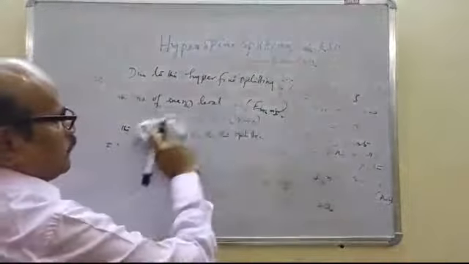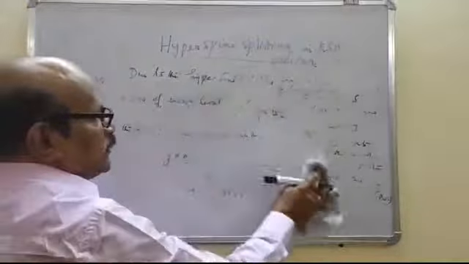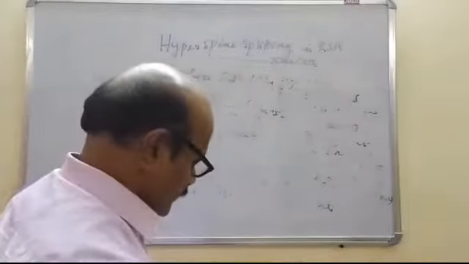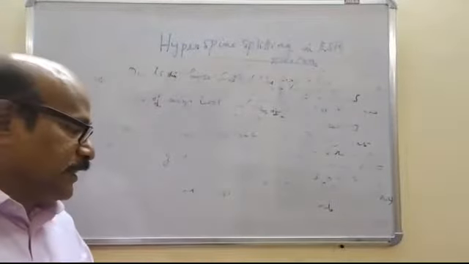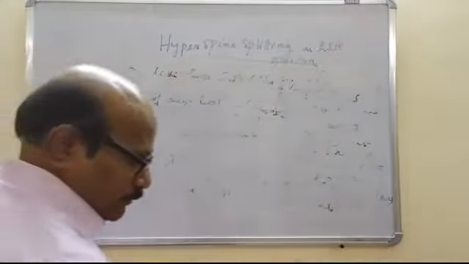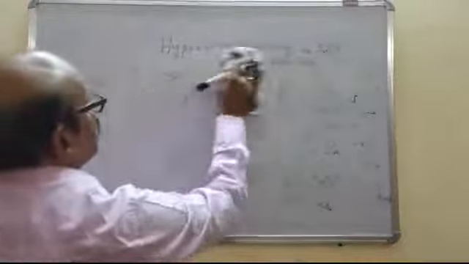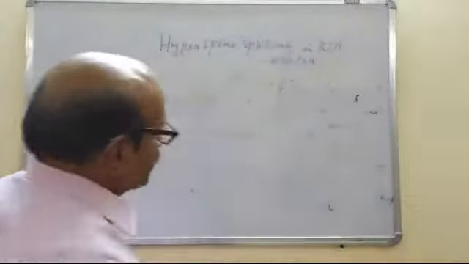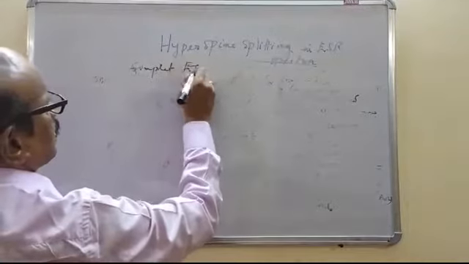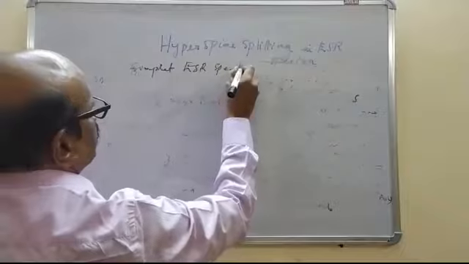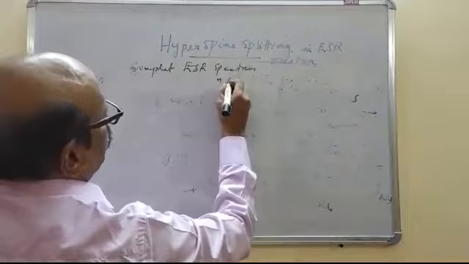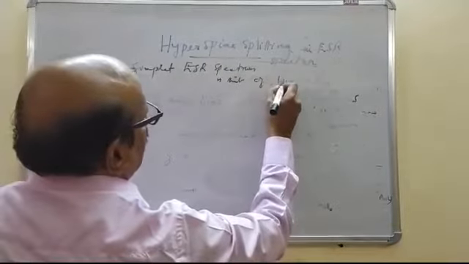The simplest case is a radical molecular species with one proton and one unpaired electron, that is a hydrogen atom. Consider the hyperfine splitting of the ESR spectrum of the hydrogen atom.